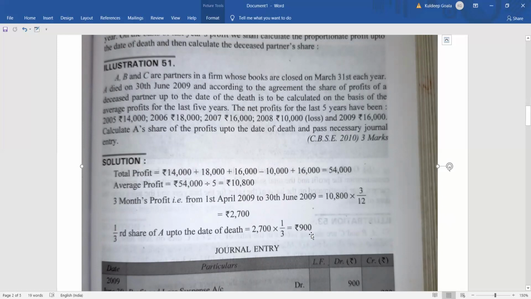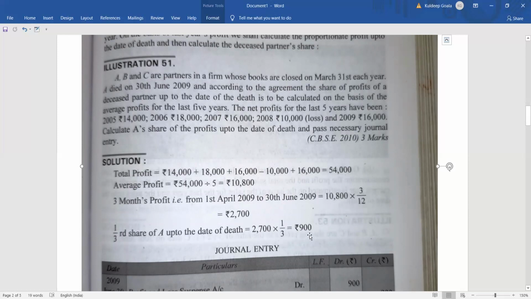Here in the solution, they have first calculated for 3 months. It came 2,700. And after that, they calculated for A, that is 1/3. It came 900. You can do it at a time. A's share of profit equals 10,800 into 1/3 into 3/12 for 3 months. So it will come 900.